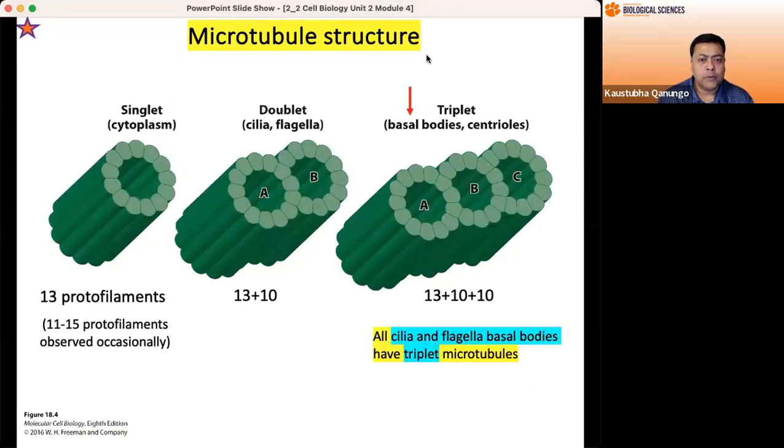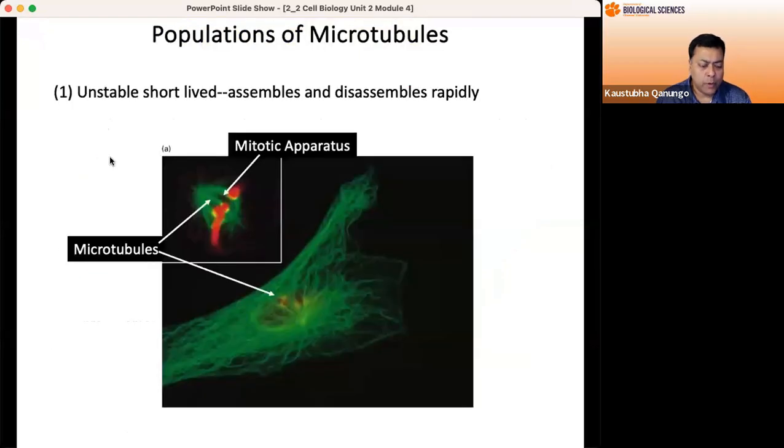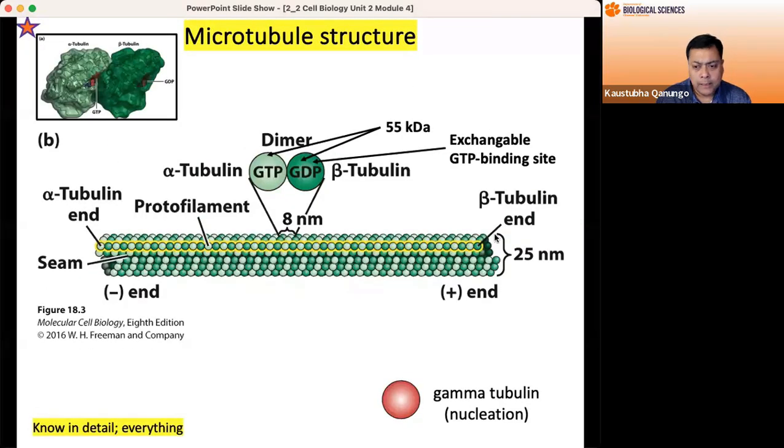All right. So microtubule structure: what you are seeing is where you have 13 protofilaments. What we mean by this is right here. If you just count, 1, 2, 3, 4, 5, 6, 7, 8, 9, 10, we'll have 13 of them. Each one of these protofilaments is just one.